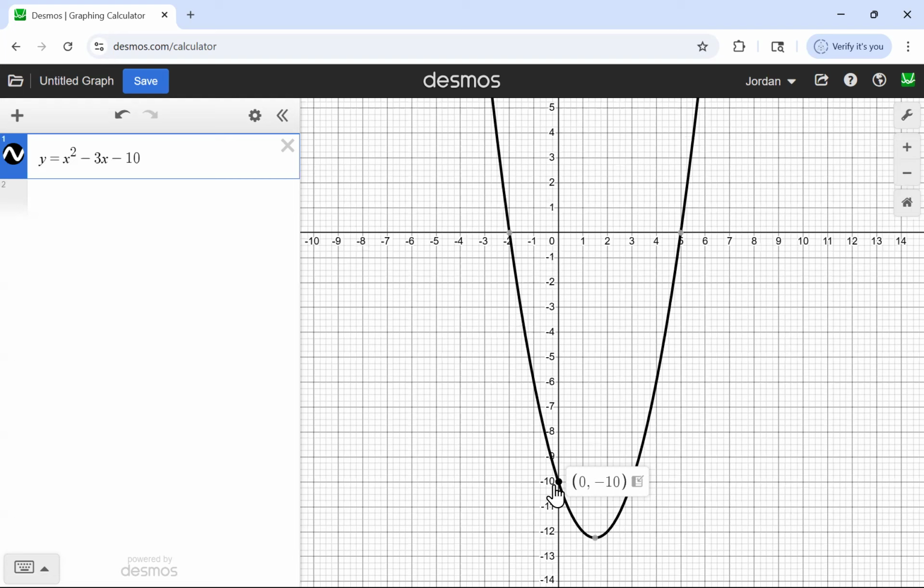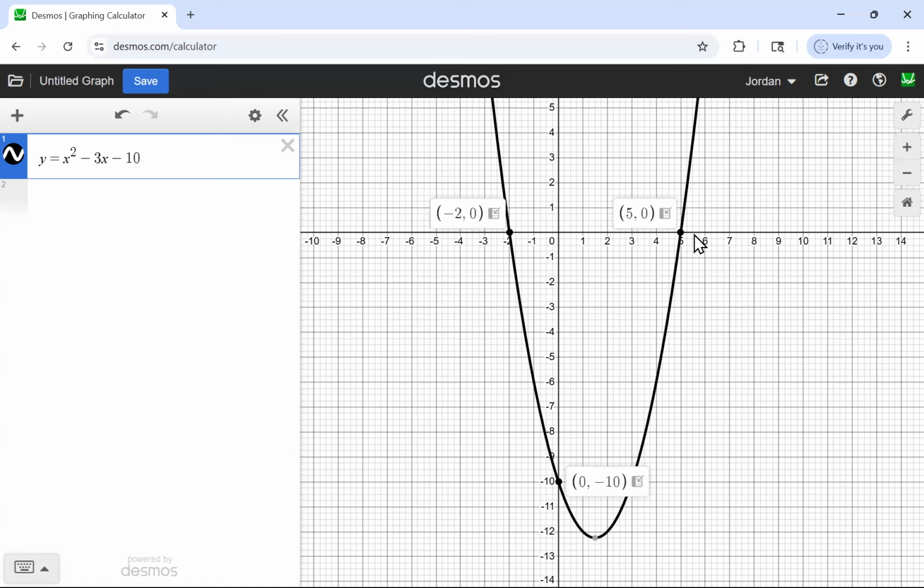That's where the graph crosses over the y-axis. And you can see we have two x-intercepts, two places where our graph crosses the x-axis. Graphically, visually, we can see that that happens at the point (-2, 0) and at the point (5, 0).